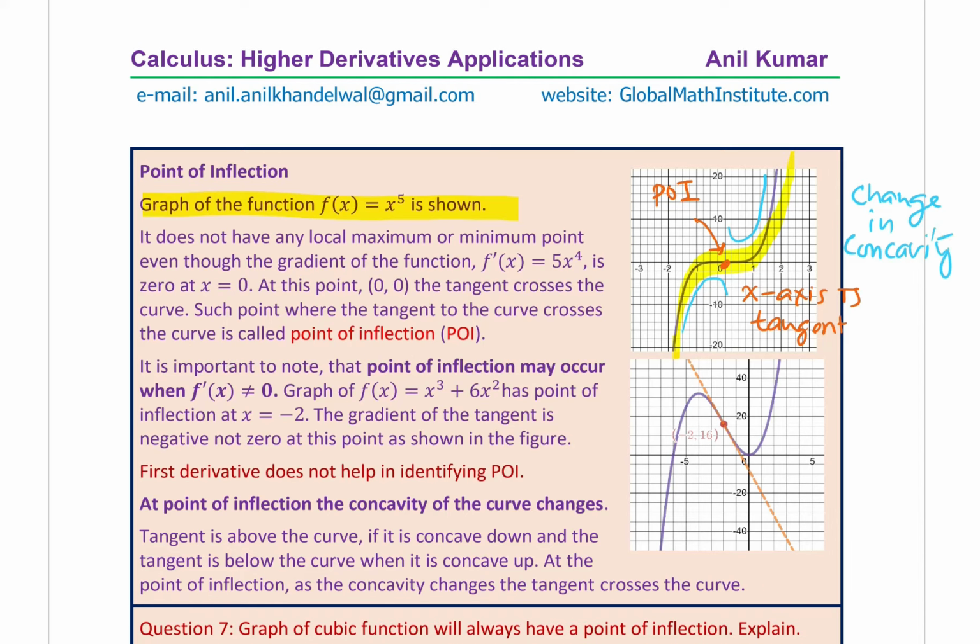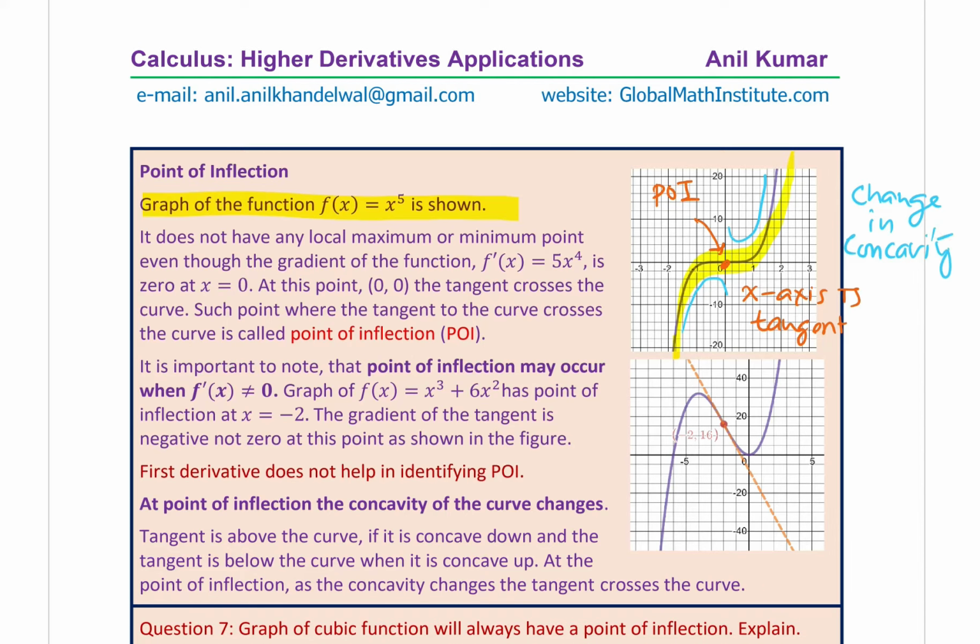However, the tangent slope is not 0. So the derivative f dash x is not equal to 0. Do you see that? But still we do have a point of inflection. So it is possible to have a point of inflection even when the derivative is not equal to 0.